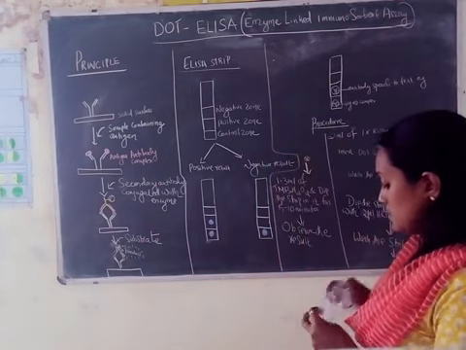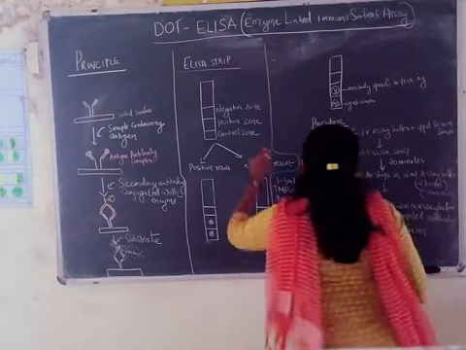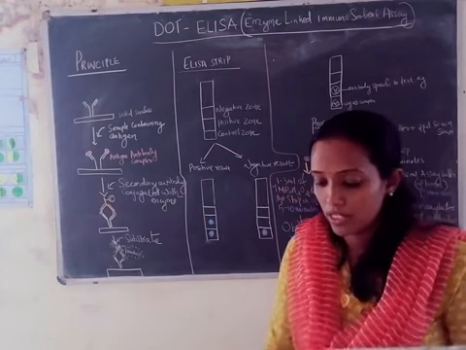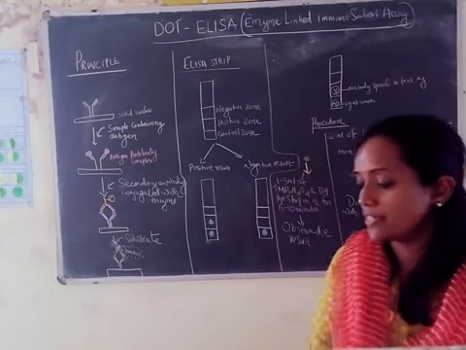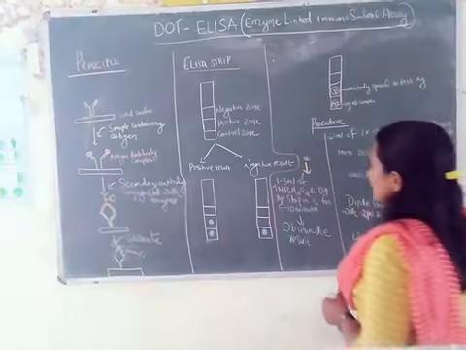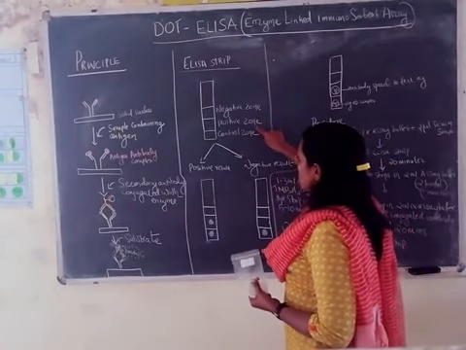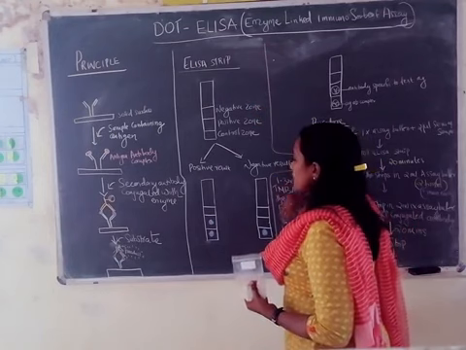Number 1, the first section, is known as the negative zone. The negative zone is followed by a positive zone. The positive zone is followed by the control zone. So these are the three different sections on the ELISA strip: negative zone, positive zone, control zone. Now what is there in these zones, I will be explaining.